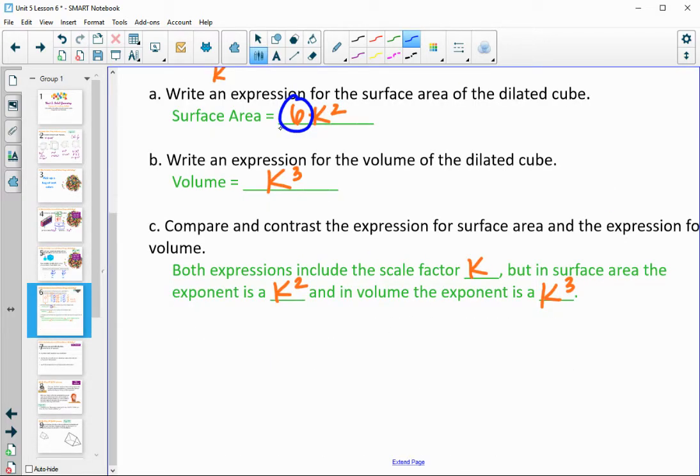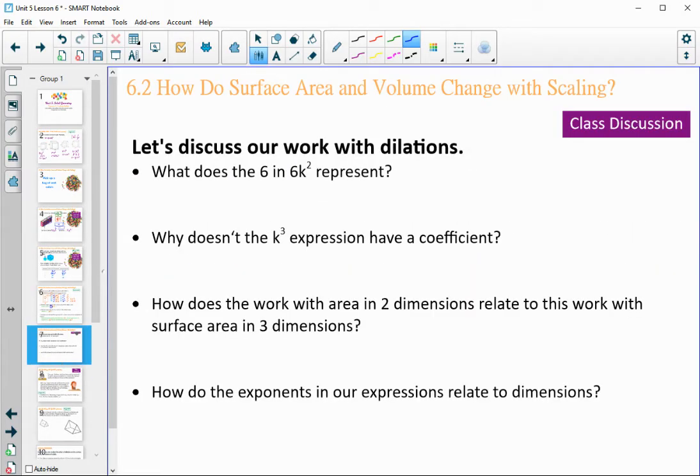So a cube has 6 surfaces. So when we're using surface area, we've got the 6 surfaces times the scale factor. All right, which is what this first discussion talks about on this slide. So that 6 represents the number of surfaces.